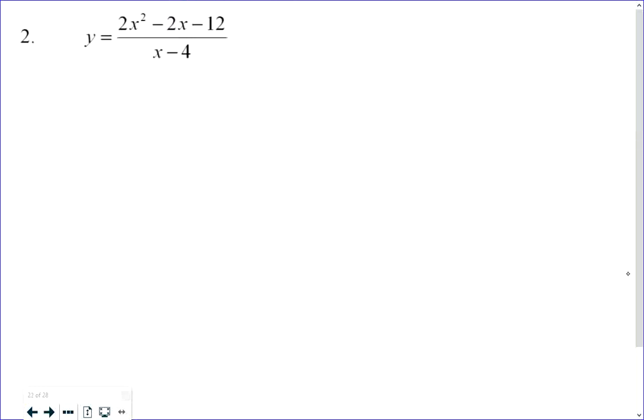All right, let's take a look at the next one. So we have 2x squared minus 2x minus 12 over x minus 4. So derivative of the top would be 4x minus 2.